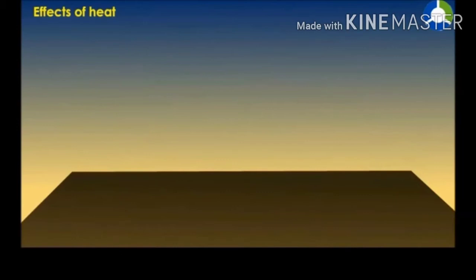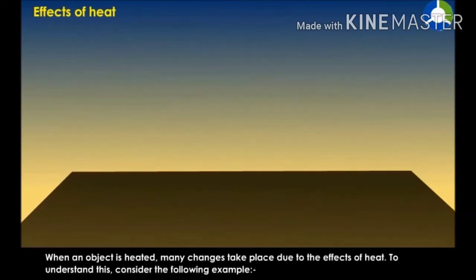Now let's understand the effects of heat by conducting this activity. Effects of heat. When an object is heated, many changes take place due to the effects of heat. To understand this, consider the following example.